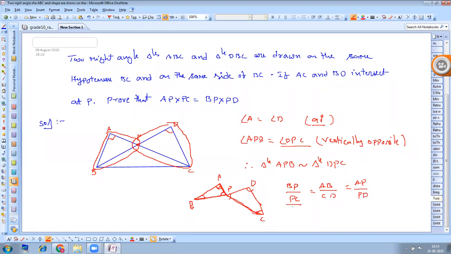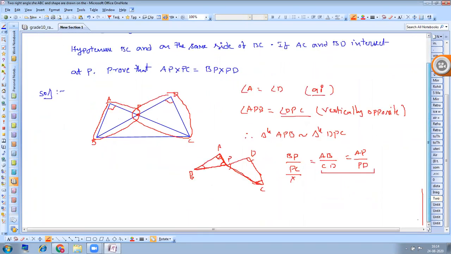I don't want this one. I need only these two relations. I want the first and last relation. So BP by PC is equal to AP by PD. Cross multiplying, what do I get? BP into PD will be equal to AP into PC.